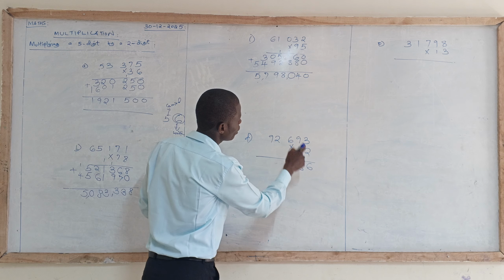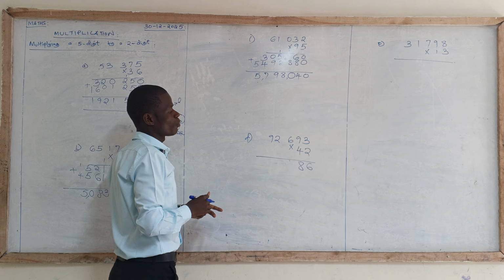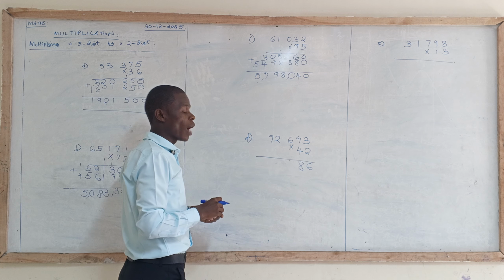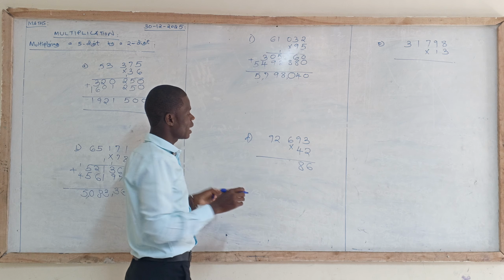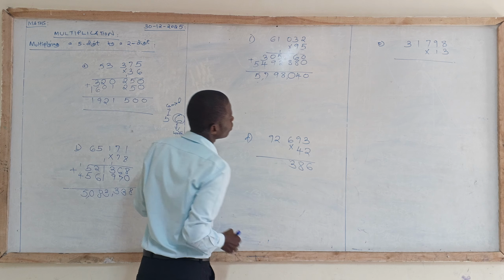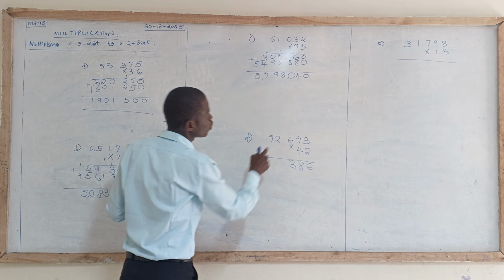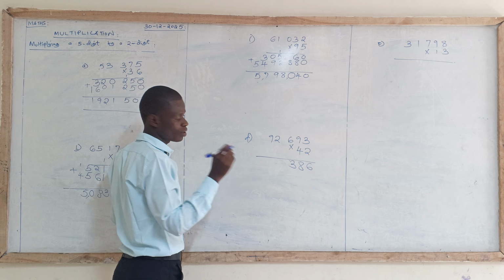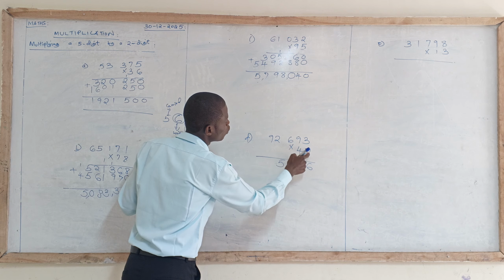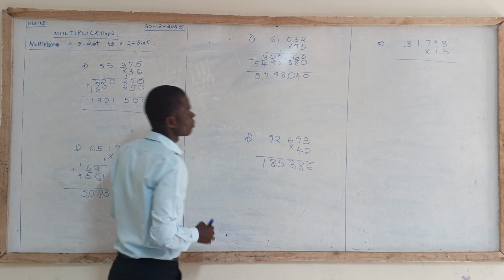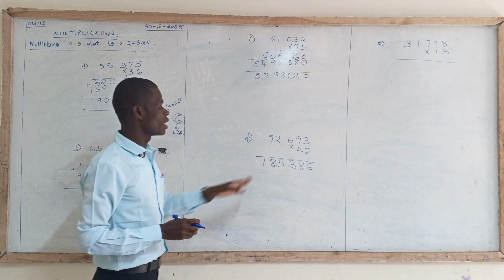We are carrying 1. 2 times 6 here, we have 12. Plus 1 we carried, make it 13. We carry 1. 2 times 2, we have 4. Plus 1, this makes it 5. Then 2 times 9, we have 18. So already we are done.